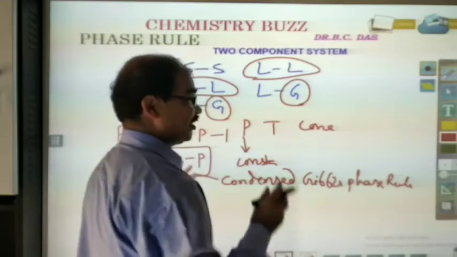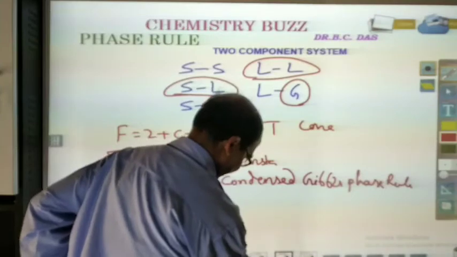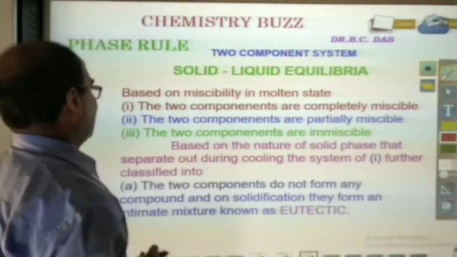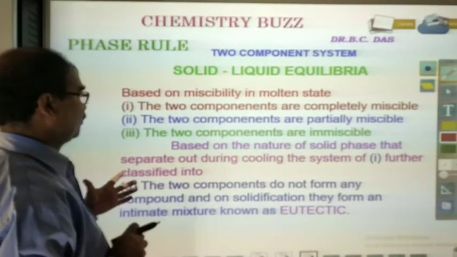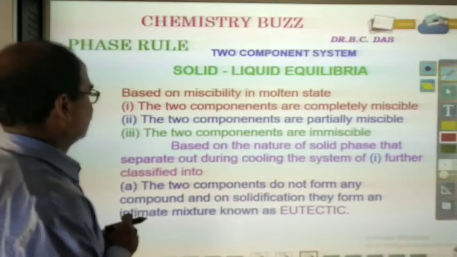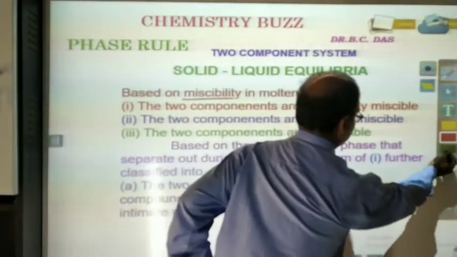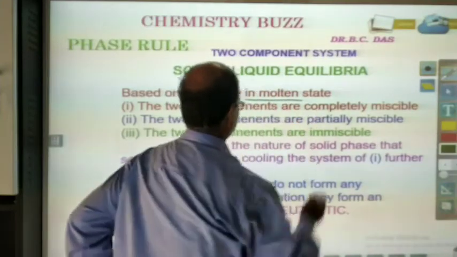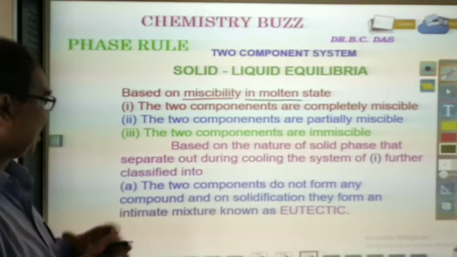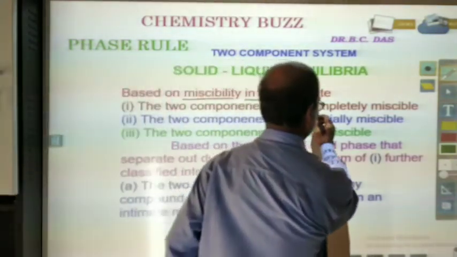So when we are mixing two components, let us consider the solid liquid equilibrium. In solid liquid equilibrium, this equilibrium is based upon the miscibility in molten state. There are different possibilities.